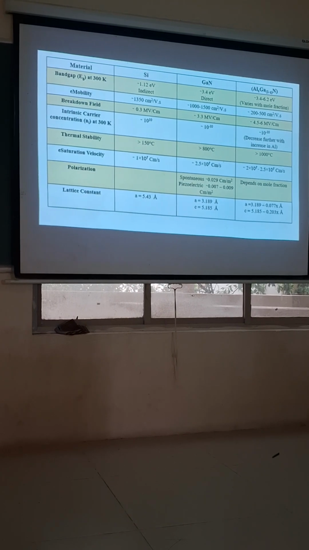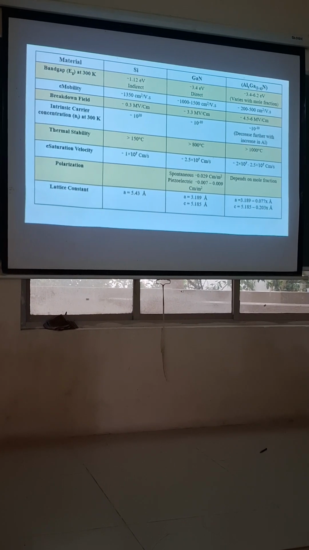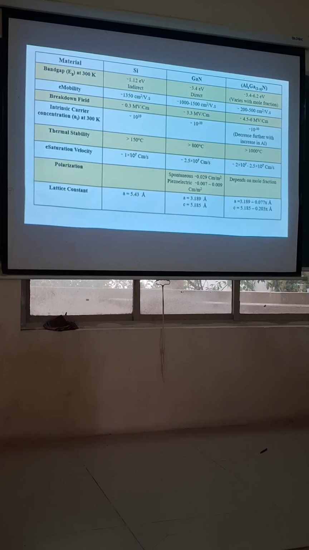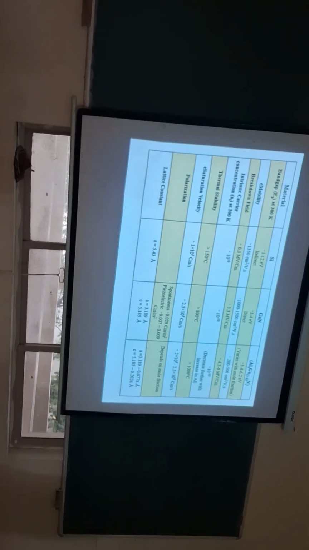The breakdown electric field is almost 10 times that of silicon, and thermal stability is over 800 degrees Celsius, which we can use in high voltage applications. And the electron saturation velocity is over 2.5 times 10 to the power 7.